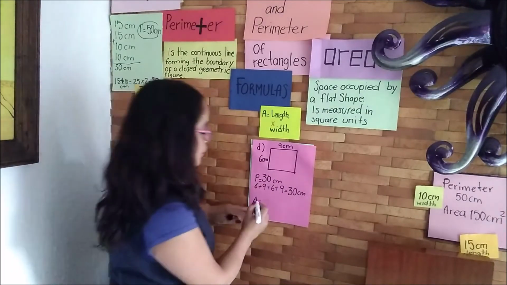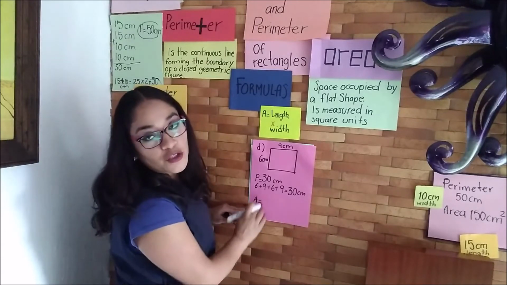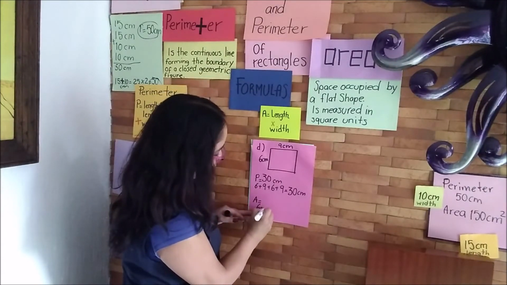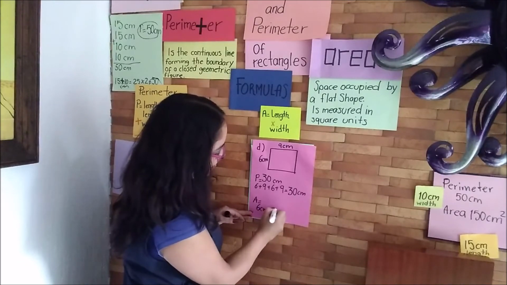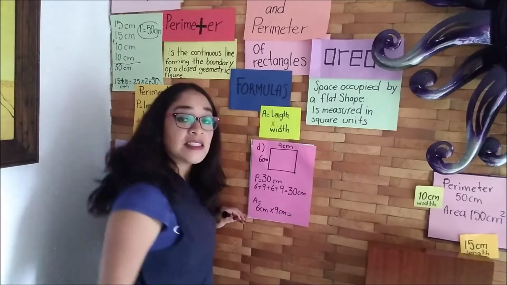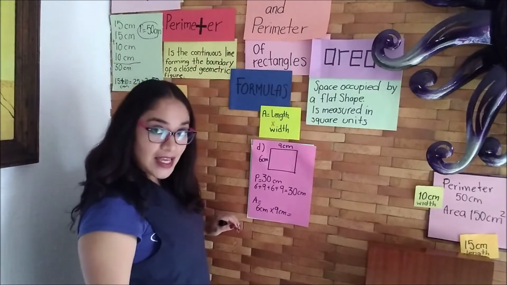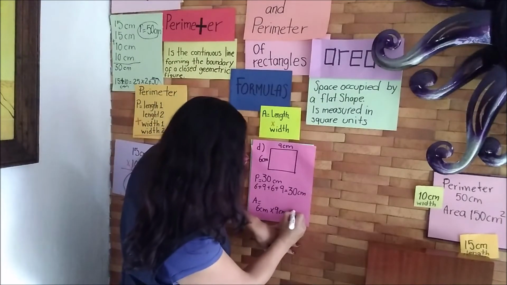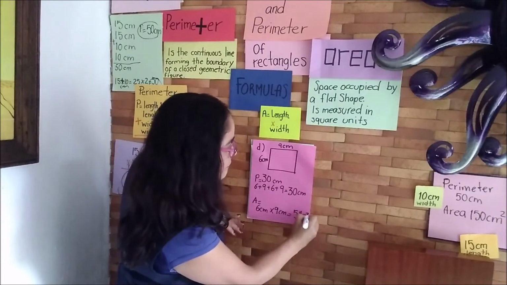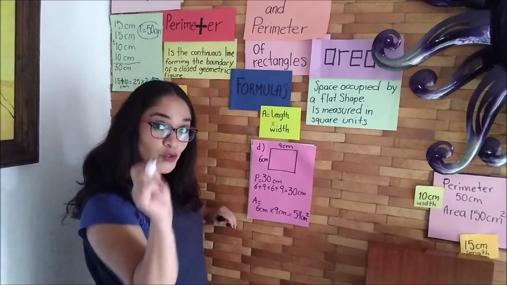Now, the multiplication in order to calculate the area. 6 centimeters multiplied by 9 centimeters, and it will be 6 times 9, 54 centimeters squared.